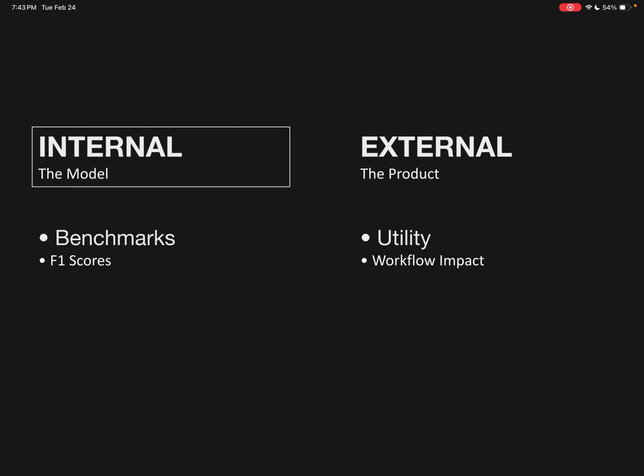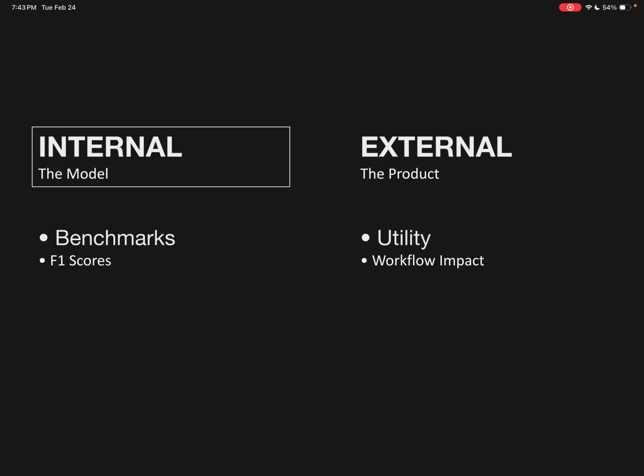Internally, we look at benchmarks and F1 scores. Externally, the user only cares about utility and workflow impact. Consider a customer support AI that drafts responses in 5 seconds. Sounds impressive?